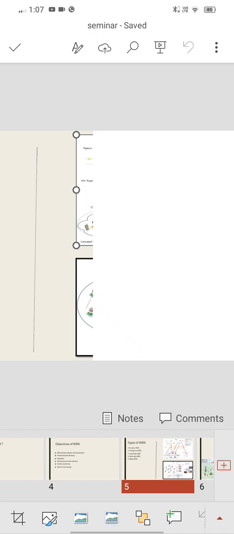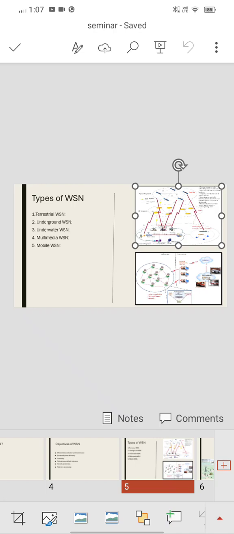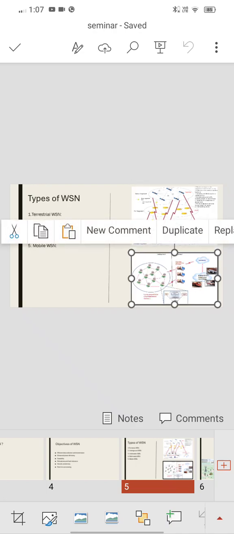Next type is underground wireless sensor network. In this diagram, underground wireless networks are shown. It is placed underground to monitor conditions in the soil, water, oil, and other components.